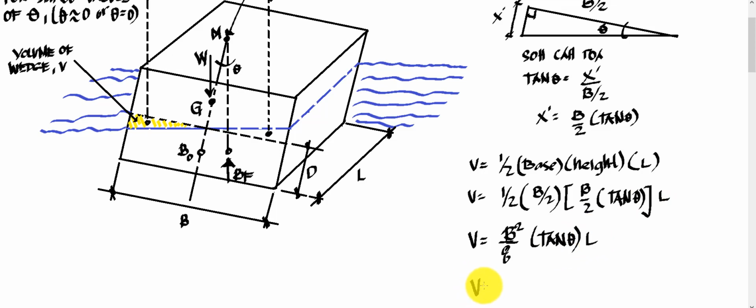We can rearrange our equation so that it will be 1 divided by 8, times L, times B squared, then times the tangent of theta.